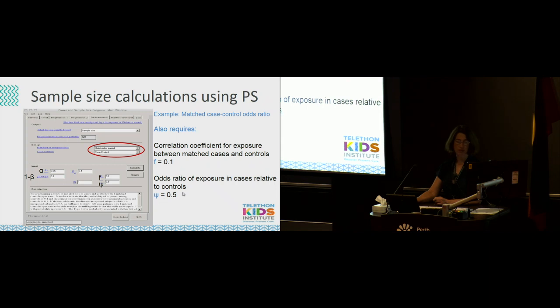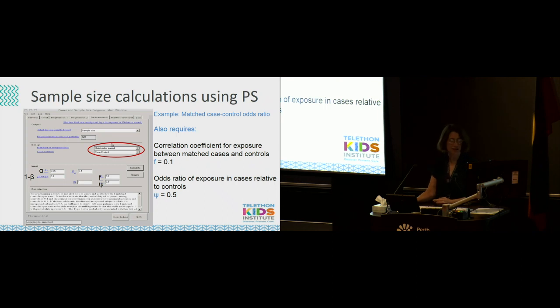So we expect a 50% reduction from the control. So you can see the control value at the moment is 0.4 or 40%. We're expecting a 50% reduction, so that would bring that down to 20%. So it's just two different ways of relaying pretty much the same information, depending on the type of analysis.